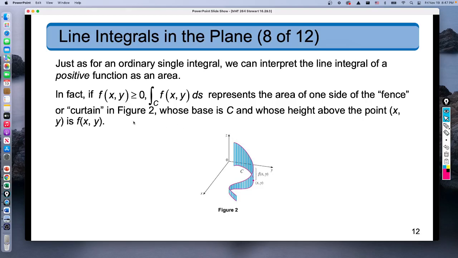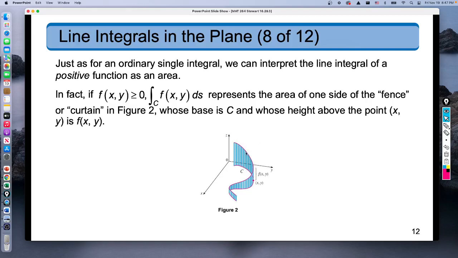And so if it's not, if we've got a curve going on here, we've got the function value, going from the xy plane gives us some value up here, and what this integration gives us is the surface area of one side.